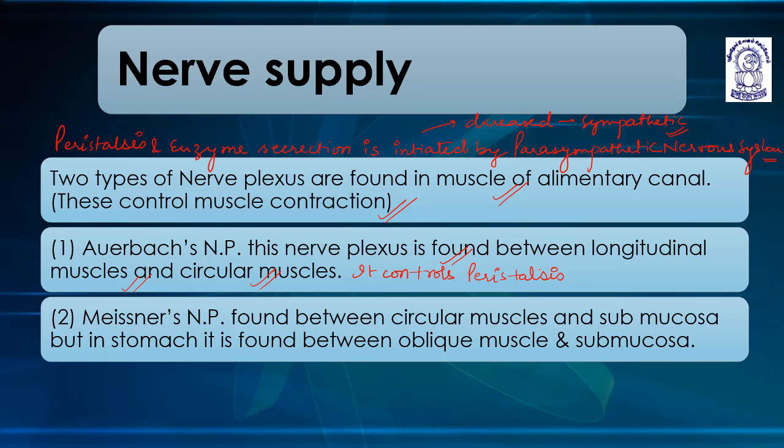Meissner's nerve plexus controls the secretions from gastrointestinal glands. Okay, understood?